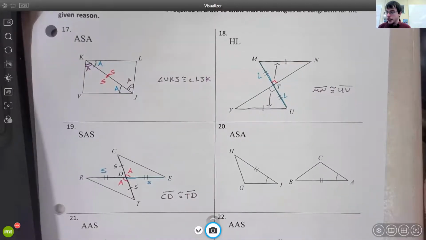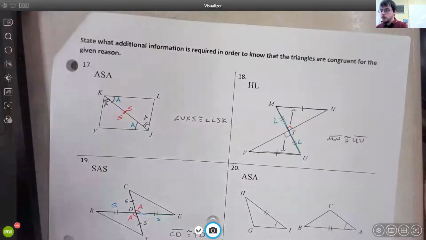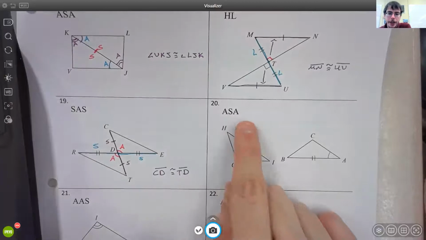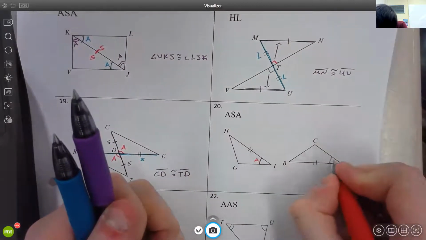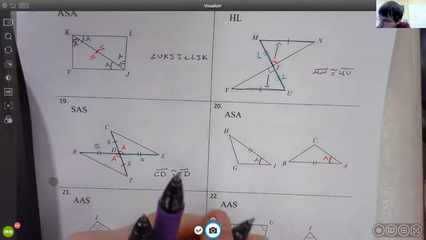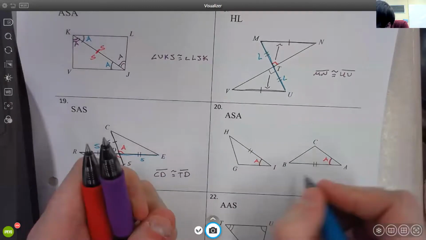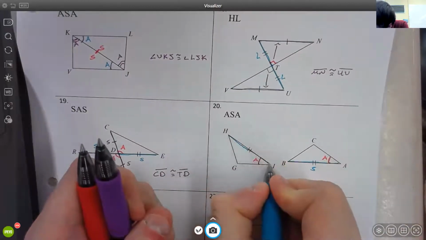Okay, and then number 20, and then you're going to try the last 4. Number 20, we have angle, side, angle. We're given an angle here, an angle here. We're given a congruent pair of sides here and here.